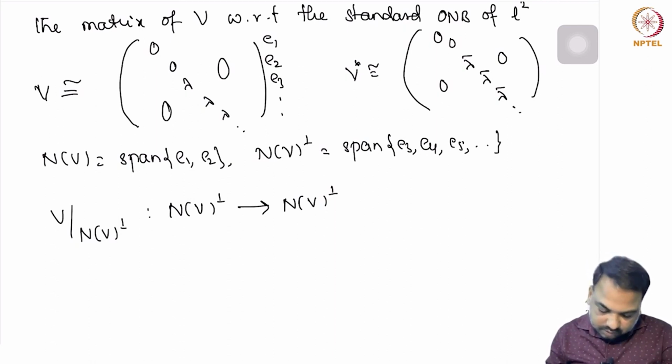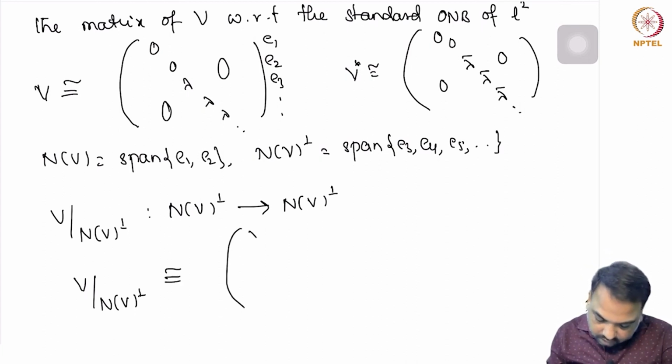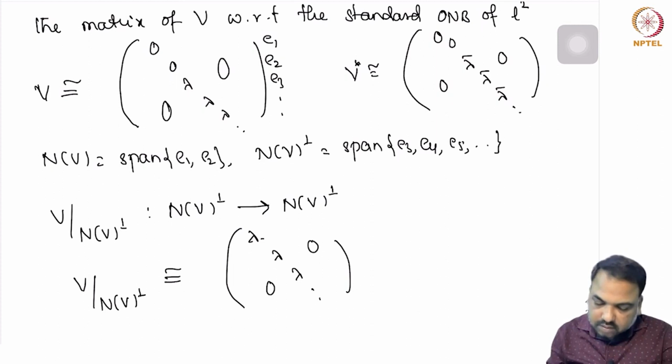And so the corresponding matrix with respect to the standard orthonormal basis of this particular space, that is the span of E3, E4, E5, and so on, is nothing but lambda, lambda, lambda, and so on. Okay. So this is lambda times the identity operator on this space.